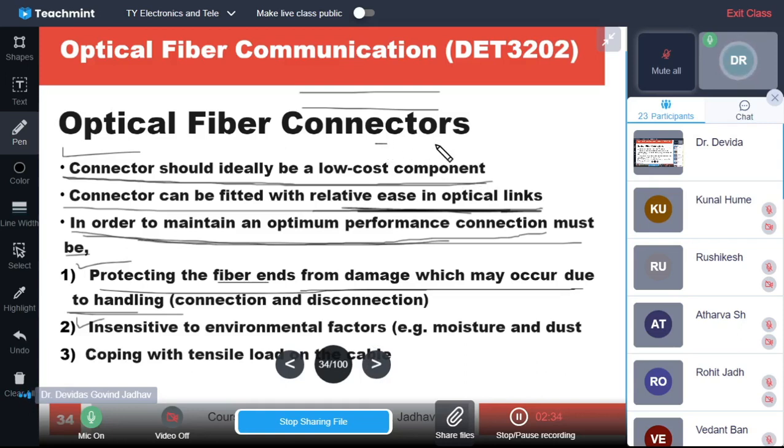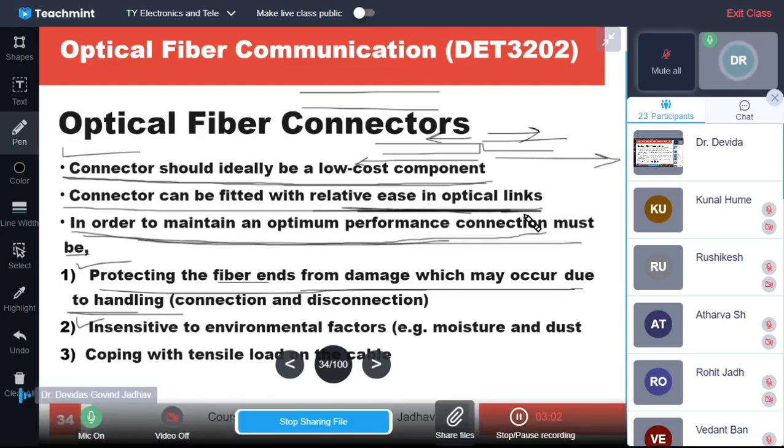Then the next one is coping with tensile load in the cable. One cable is there and another cable is there, and these cables are connected and held together. Each cable is of several kilometers, so there may be tensile load on both the cables, and that should be coped with by these connectors.